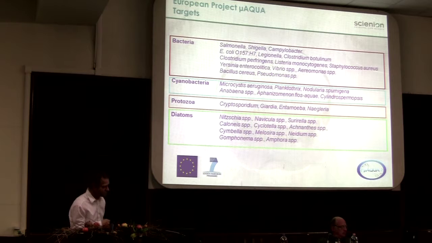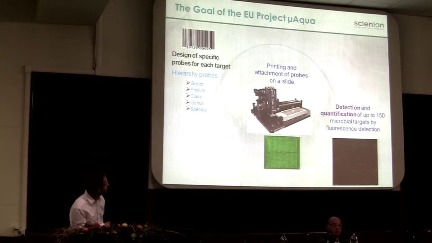And within the microAqua consortium, there was a goal to develop a microarray, step by step of course, for certain bacteria, cyanobacteria, protozoa, and diatom species. Okay, this is of course a lot of work and it's much more than one partner could do. Therefore, here it is summarized again.